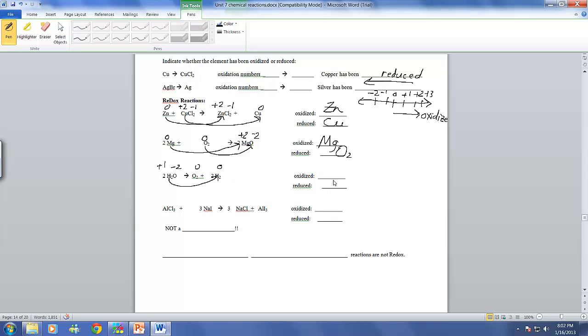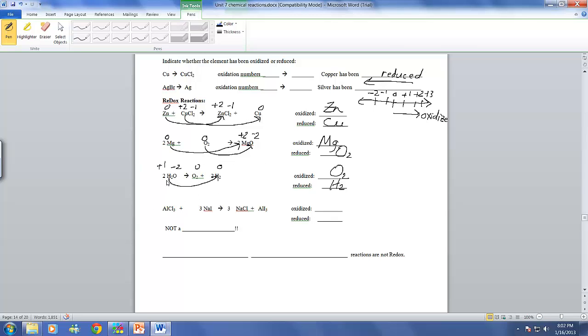It gained electrons. So over here, hydrogen was reduced. Oxygen went from a -2 to a 0. The oxidation number increased. Oxygen was oxidized. Okay, so single replacement, redox. Synthesis, redox. Decomposition, redox.